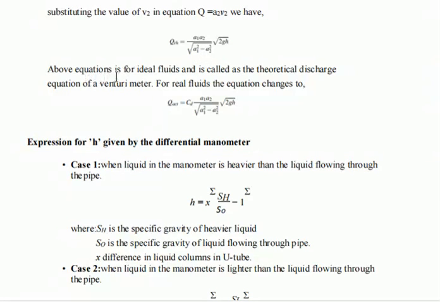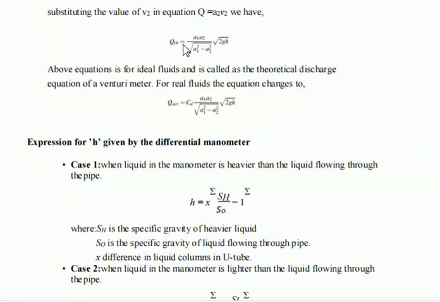The above equation is for the ideal fluid and is called the theoretical discharge equation of Venturi meter. For real fluids, the equation changes to Q actual is equal to CD times this equation. We just have to multiply by CD to get the actual discharge. That is, Q actual is equal to CD A1 A2 into root of 2gh divided by root of A1 square minus A2 square. This is the Q actual, and the earlier one is the Q theoretical.